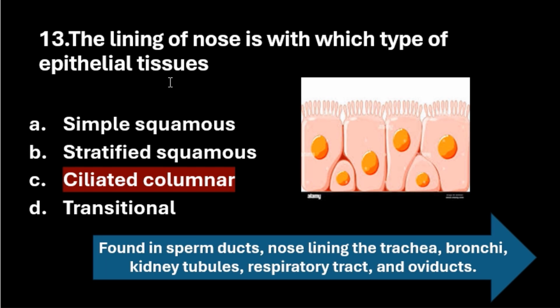You can simply see the linings of areas where the movement of small particles are there. You can see like sperm duct, nose lining, trachea, bronchi, kidney tubules, respiratory tract, oviduct. All these areas are lined with the ciliated columnar epithelial tissues.